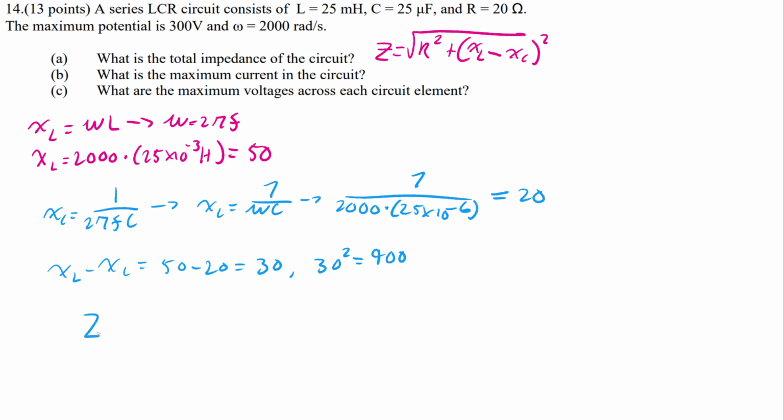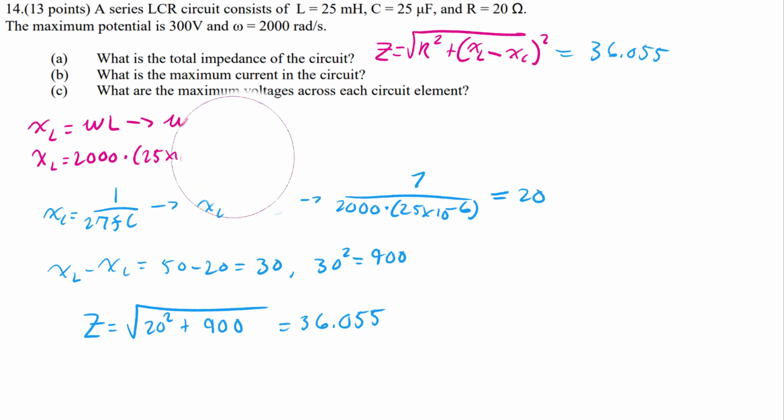And so Z is just equal to the square root of 20 squared, which is 400, plus 900. It's going to be about 36.055. So that is equal to 36.055 right there. Pretty good.